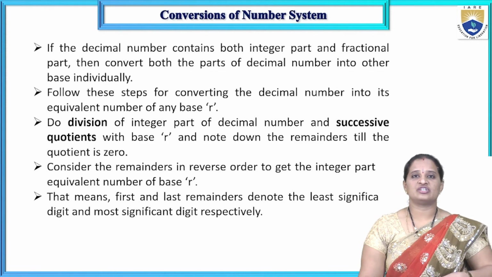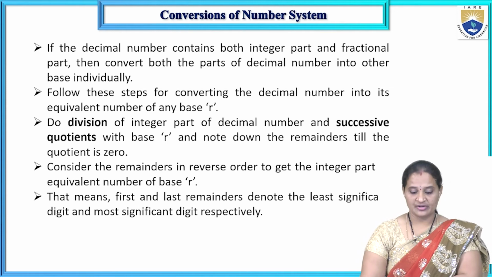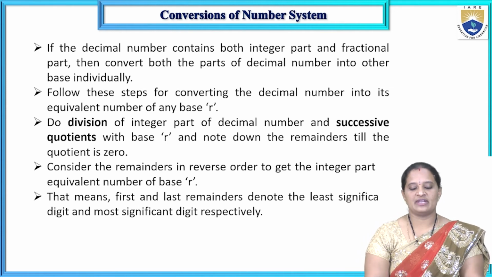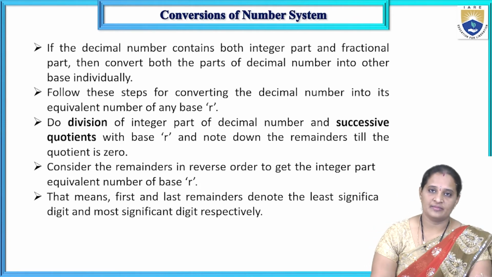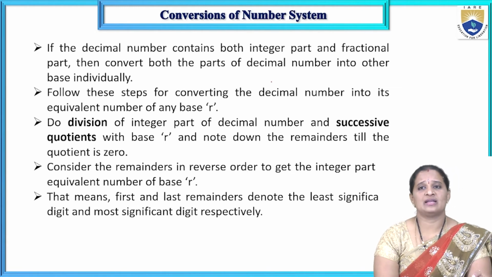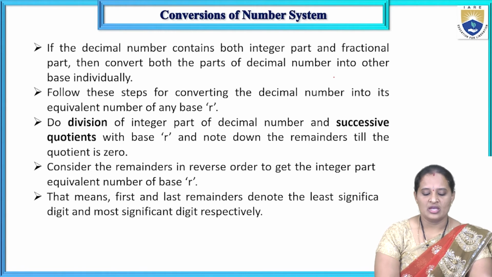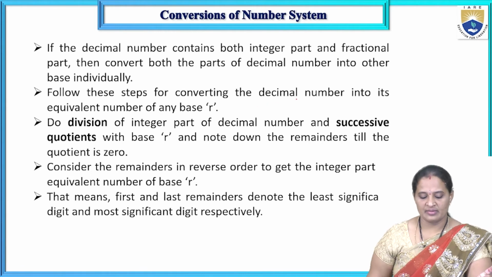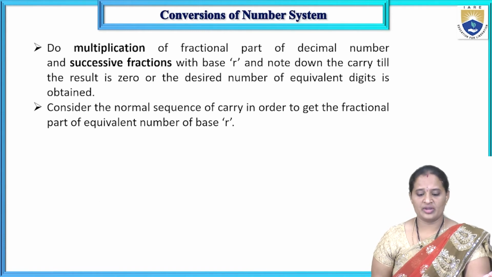Now, conversion. What do we mean by conversion? If a decimal number contains both an integer part and a fractional part, convert both parts of the decimal into the other base individually. So how do we convert numbers from one number system to another, and why?